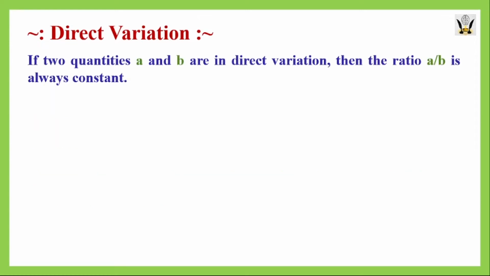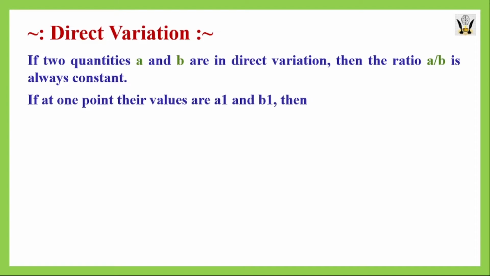Now suppose two quantities A and B are in direct variation, then the ratio of A and B is always constant. That is the criterion of direct variation. The ratio of two quantities will always be constant. We should keep that in mind when solving exercises based on direct variation.